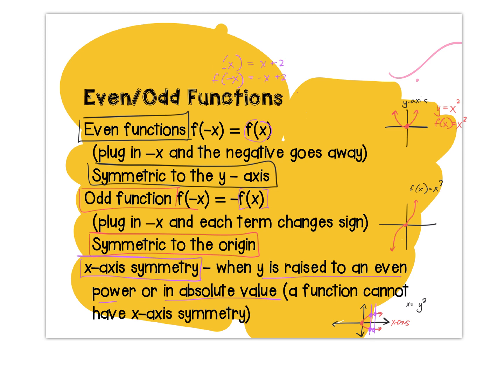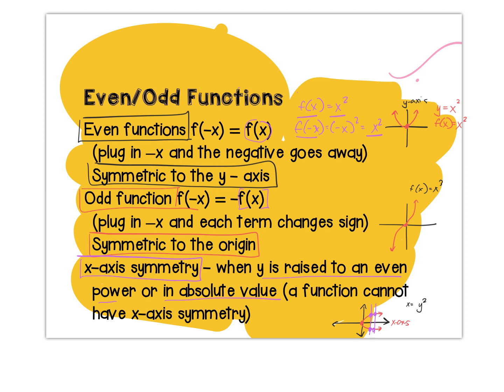Okay? Let me try another one to show you an example of an even function. If f of x equals x squared and f of negative x, if I plug that in, negative x squared is equal to x squared. Notice that f of negative x is x squared, f of x is x squared. That's an even function, and that's symmetrical to the y-axis.